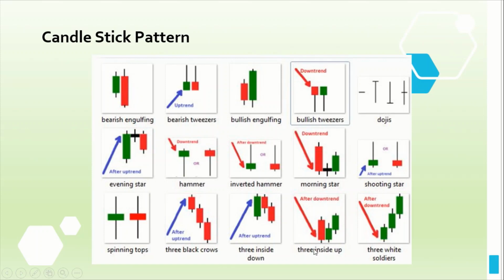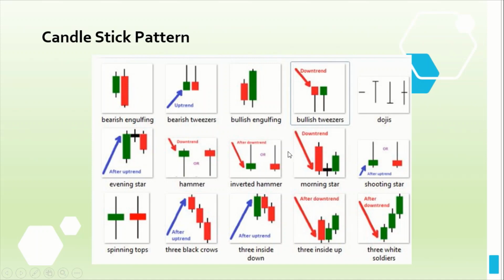Then, we also have 3 inside up. So, after downtrend, magkakaroon ng dalawang bullish candlestick. And then, we also have yung morning star na tinatawag. Kung merong evening star, merong morning star. Pinagkaiba lang nito yung whether it's going to be a bullish signal or a bearish signal. Okay, so napakarami. Just look at it online.